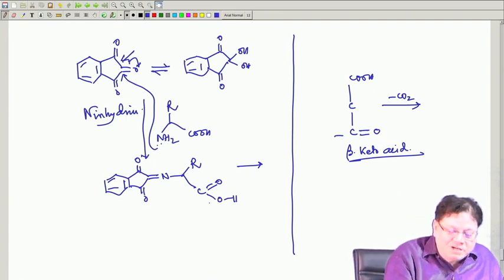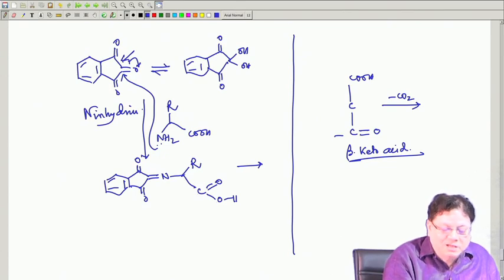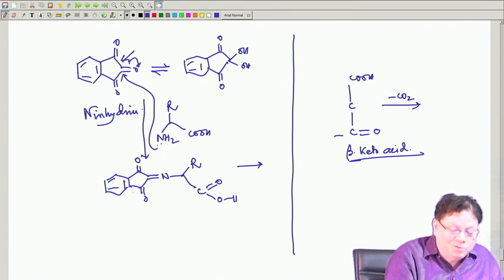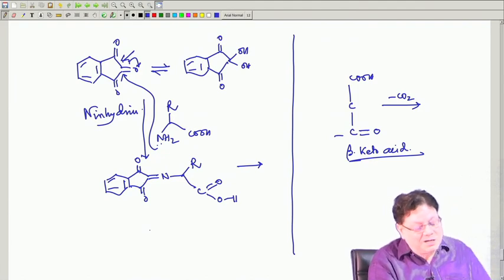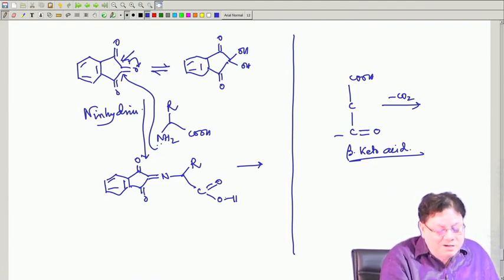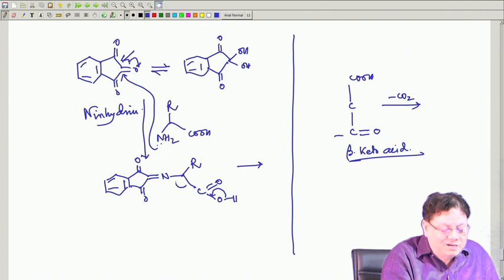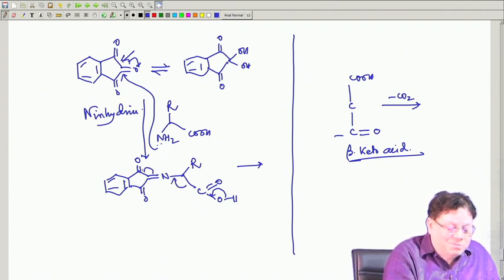Now, if you look at this structure, it is very similar. This is carboxy, then a carbon, then nitrogen, then a double bond, then another electron withdrawing group. So, this is even more facile. The structure is such that it will facilitate the release of carbon dioxide like the arrow that I am showing.